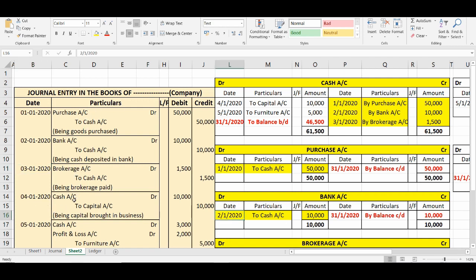Now coming to the fourth transaction, capital brought in business. The journal entry passed for this was cash account debit 10,000 to capital account credit 10,000.